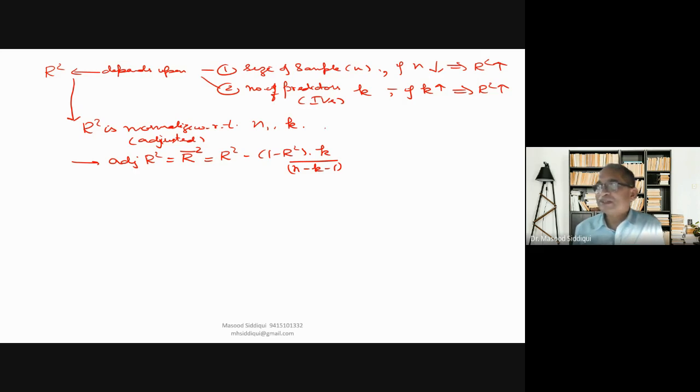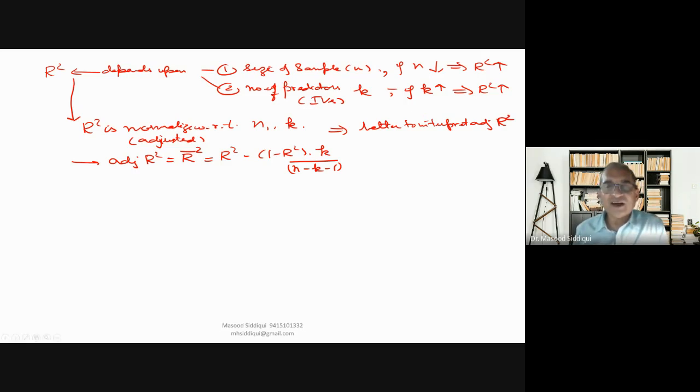So obviously it means if there is a large difference between R square and adjusted R square, it is better to interpret adjusted R square. But if there is not much of a difference, it is immaterial whether we use R square or adjusted R square.